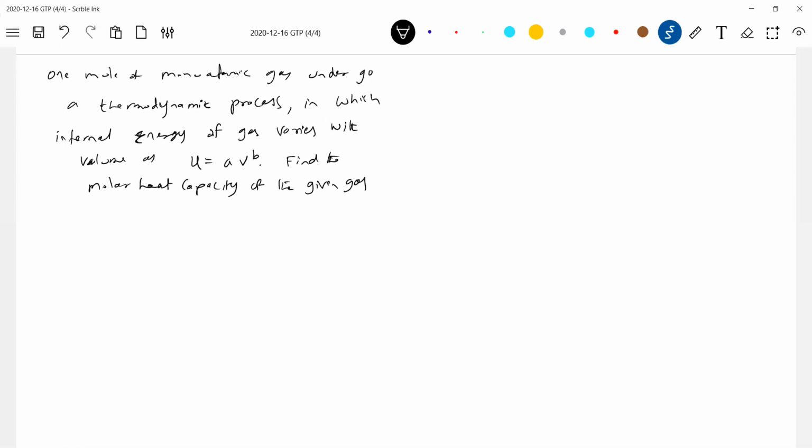So we don't have anything. So directly, we know internal energy is a function of temperature, U equal to alpha T. That's all, no? In any process, what is alpha?